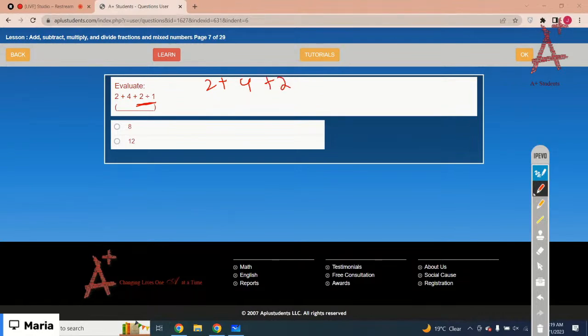Got it? So the correct option is 8. Just select the correct option, then click on the OK button.